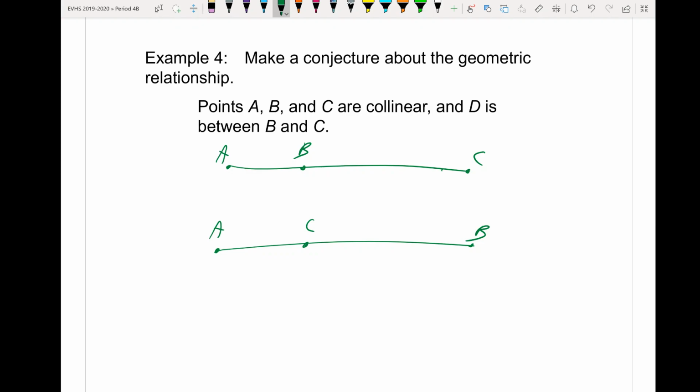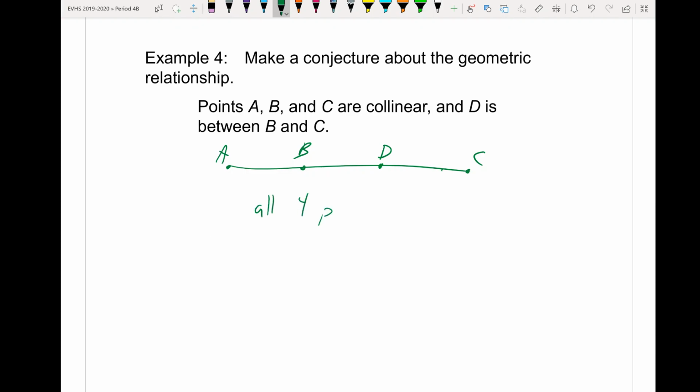All right. And D is between B and C. Now, I don't need that for this one. I just wanted to point that out. So D is between B and C. Now we know the word between means that it is going to be collinear as well. So we're going to put that in there. What conjecture can I make about all 4 points?